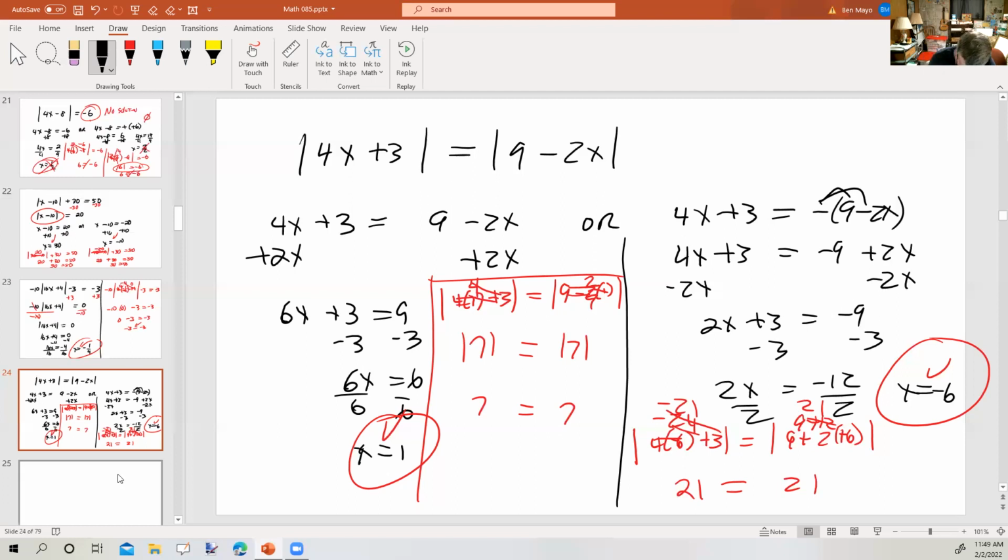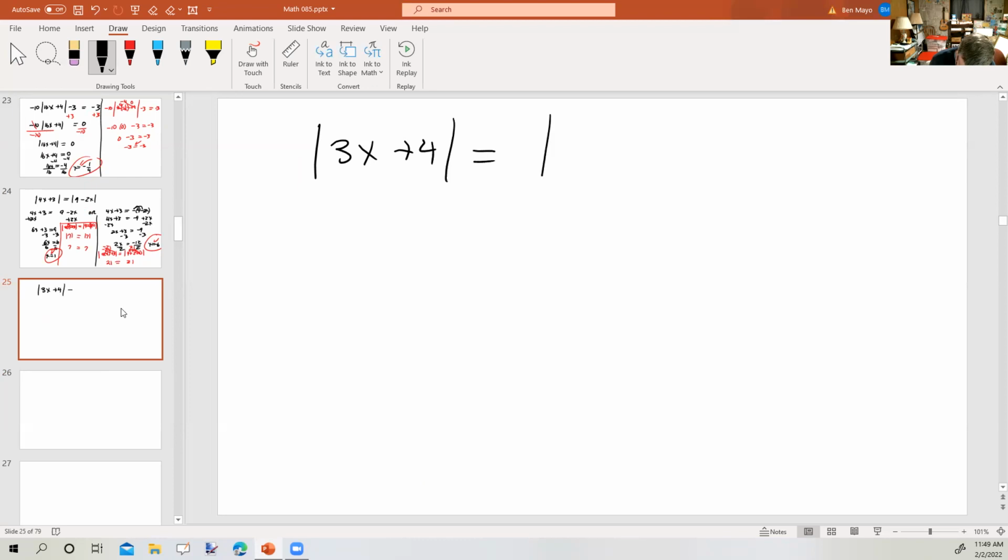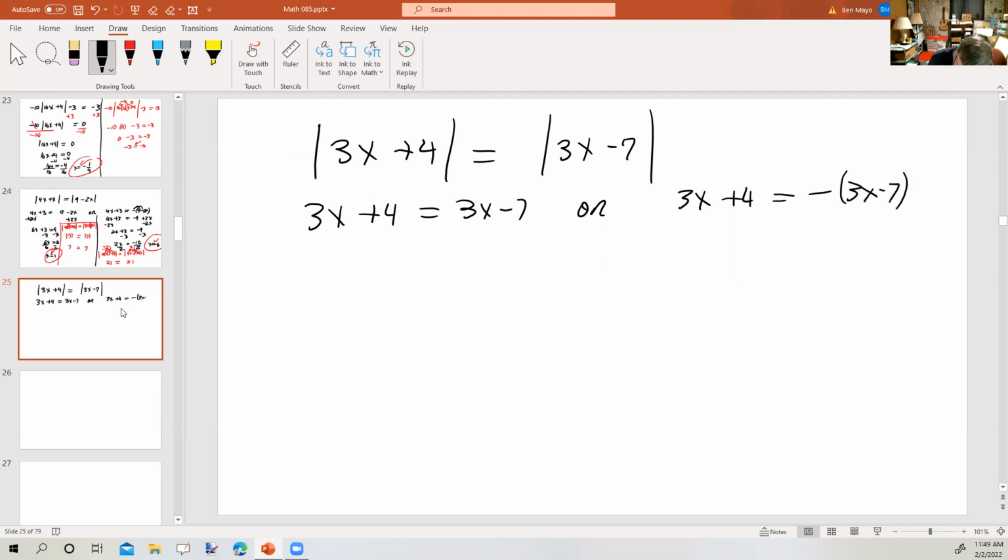Let's look at another example here. The absolute value of 3x plus 4 equals the absolute value of 3x minus 7. So that means I've got 3x plus 4 equals 3x minus 7, or 3x plus 4 equals the opposite of 3x minus 7.